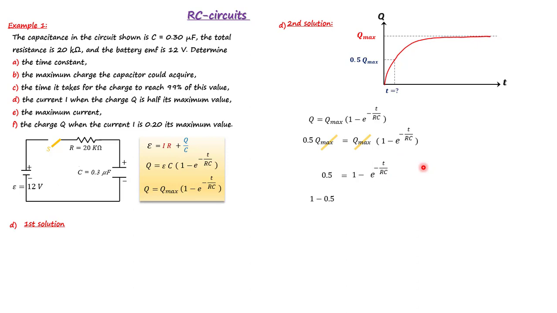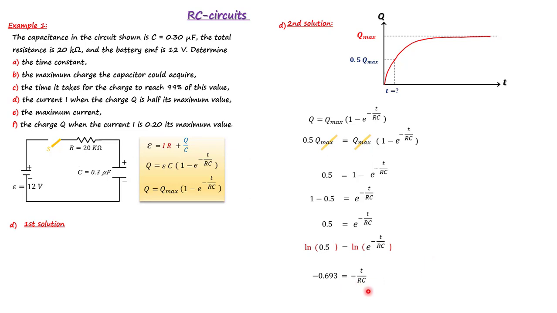Now 1 minus 0.5 is e to the minus t over RC. So 0.5 equals e to the minus t over RC. And we have to take ln of both sides. ln 0.5 is minus 0.693. And again, we'll get rid of this exponential term on the right side, which is just minus t over RC.